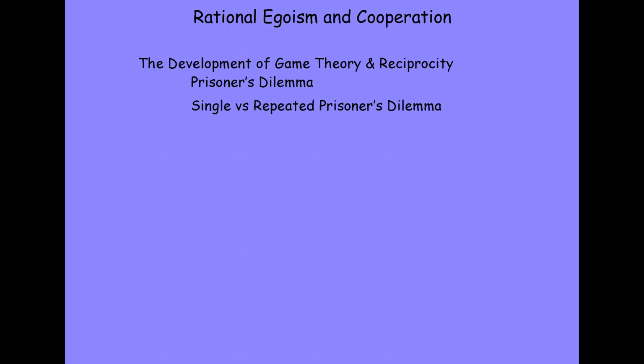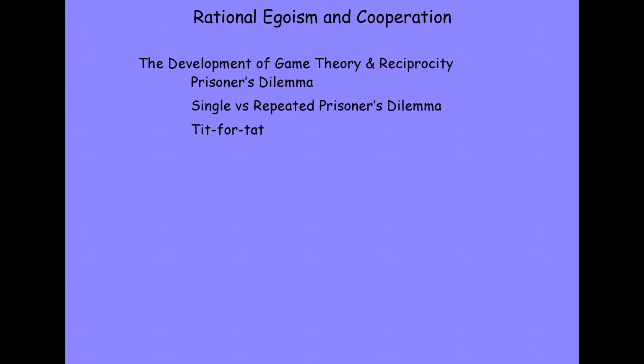Later, they started looking at it through multiple iterations. So what will happen if you play that prisoner's dilemma game once, and then knowing what happened the first time, you then play it again with the same people, and again and again and again. So we'll look at single versus iterated versions of the prisoner's dilemma.